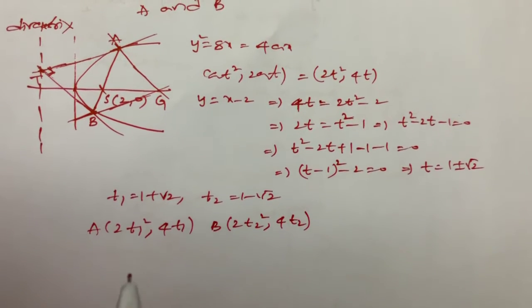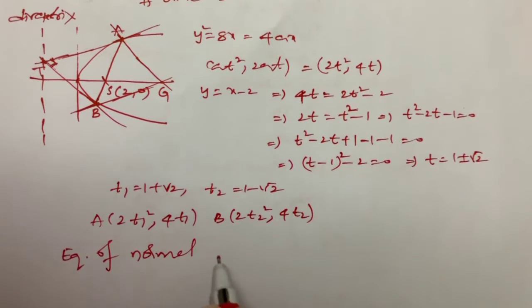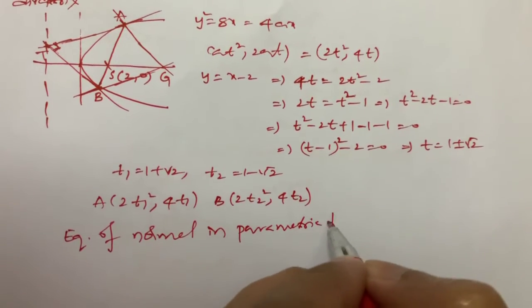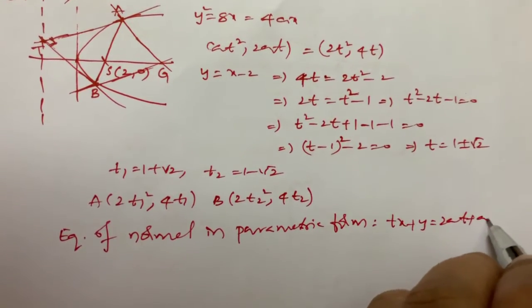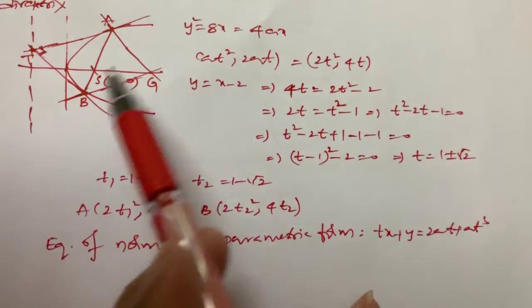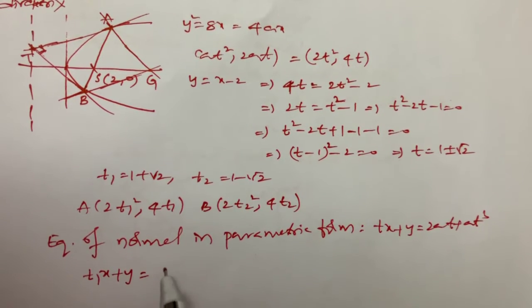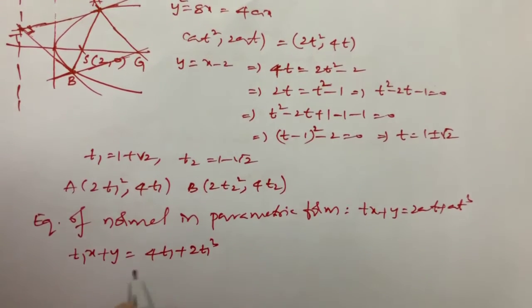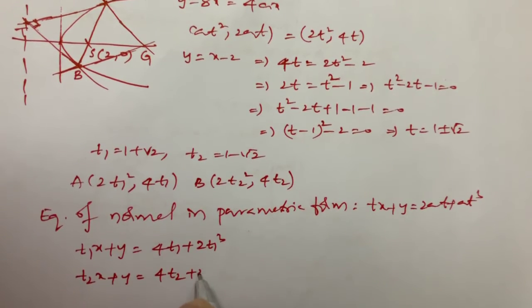Already we know the equation of the normal in parametric form: tx + y = 2at + at³, that is, tx + y = 4t + 2t³. Here we are drawing normals at t1 and t2. So t1x + y = 4t1 + 2t1³, and the second normal is t2x + y = 4t2 + 2t2³.